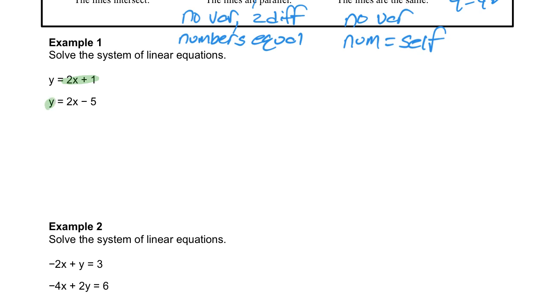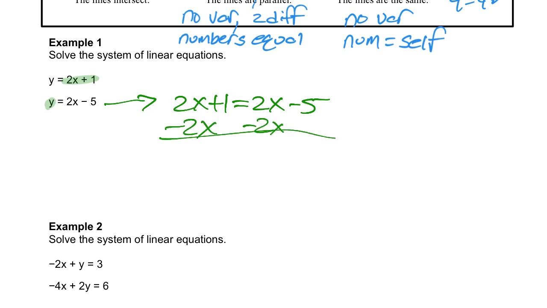And that's going to give me 2x plus 1 equals 2x minus 5. Now, if I subtract 2x from both sides, you'll notice I get 1 equals -5, which is not true, so we get no solution.